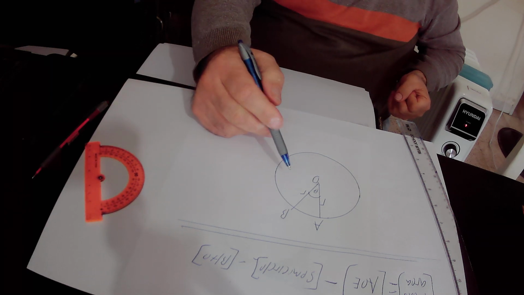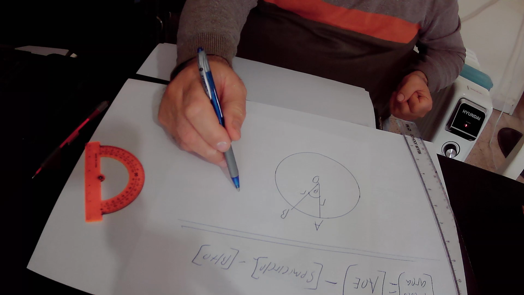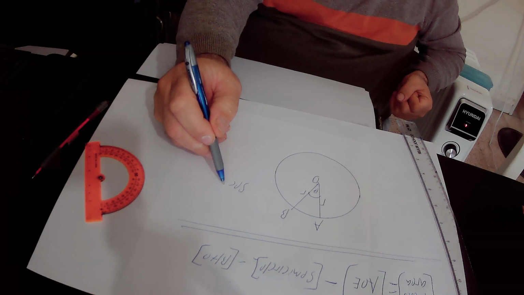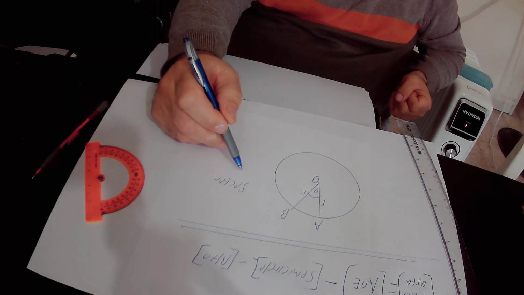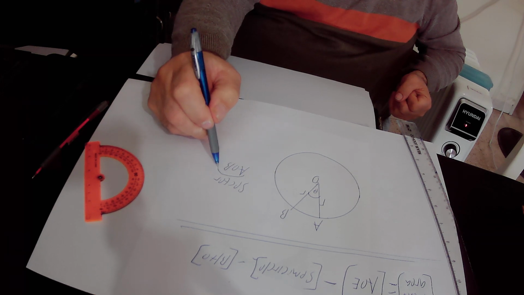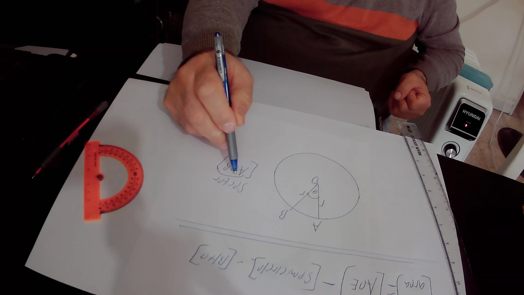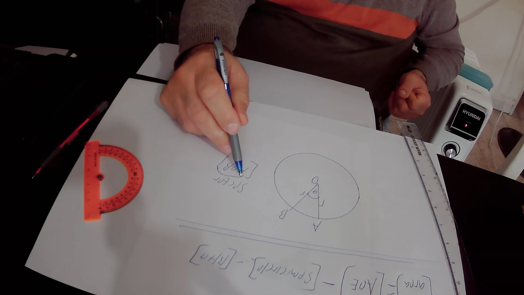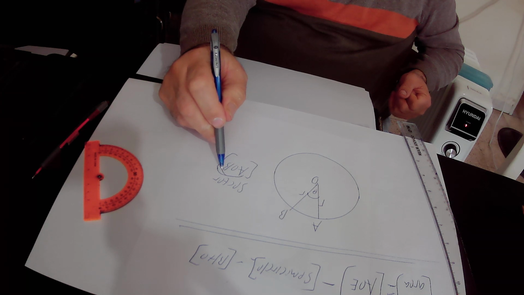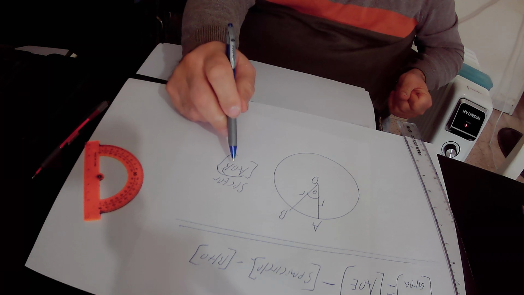So what is the area of this sector? The area of sector AOB. The roof over AOB is the sign for a sector.